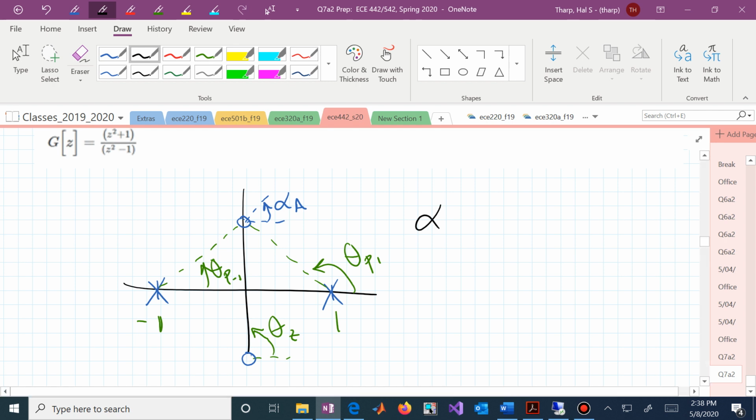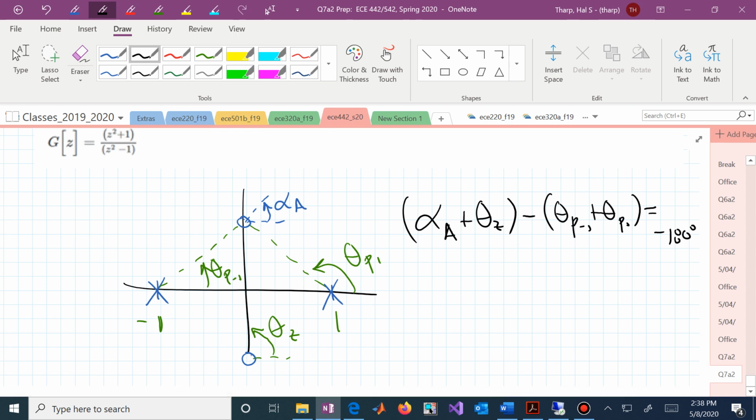condition then says that the sum of the 0 angles minus the sum of our poles is equal to minus 180 degrees. We can determine all of these angles except alpha A, so we have one unknown. We can solve for that.